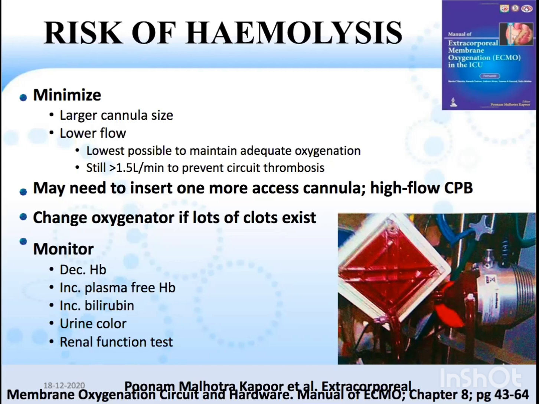And always remember, the moment you start to see even very small clots on the oxygenator, change the oxygenator as fast as possible. Monitor the decreasing hemoglobin, the increasing plasma-free hemoglobin, the increasing bilirubin, the urine color, and the renal function tests.